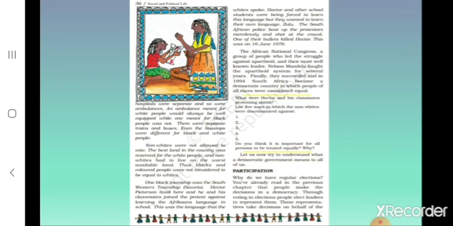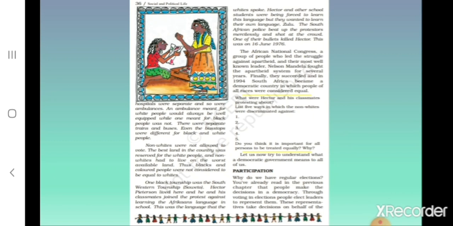And in those days in South Africa, hospitals, ambulances, trains, buses, bus stops, etc., were separate for whites and for blacks, and the facilities that were meant for the white people would always be well equipped, that means well maintained, while those meant for blacks were not well maintained.